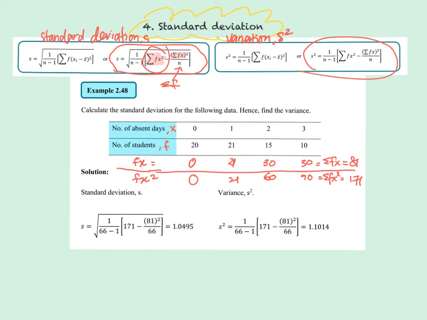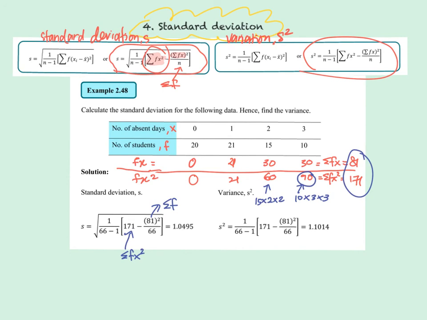After that, you need to replace these values into the formula. So we have this one here, cumulative fx squared. This one is cumulative f. If you don't know how, this one is actually 10 multiplied by 3 multiplied by 3. This one is 15 multiplied by 2 multiplied by 2.